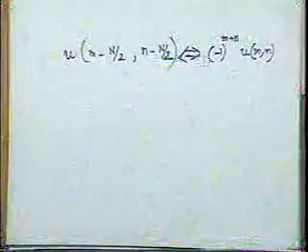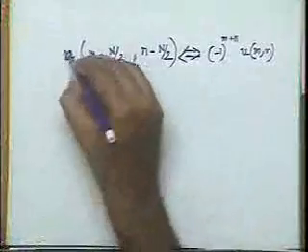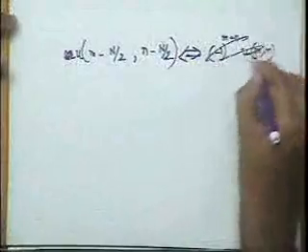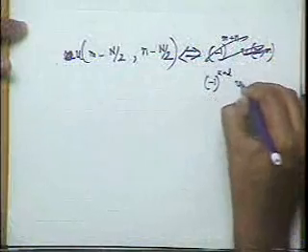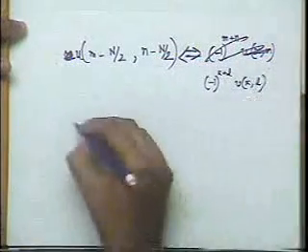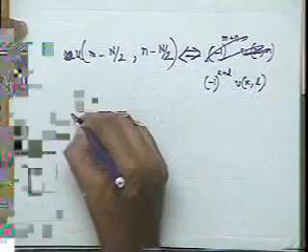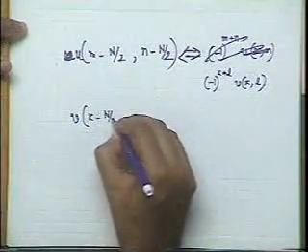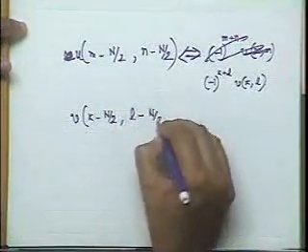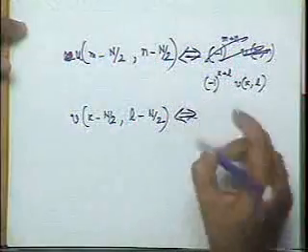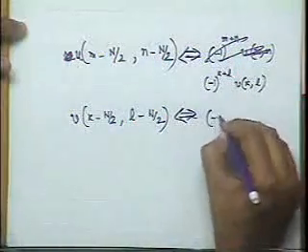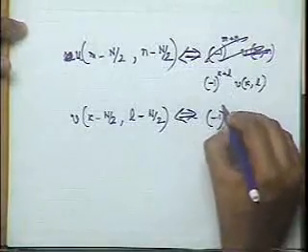Sorry, when I have u like this, then its transformation pair will be minus 1 to the power k plus l V(k,l). And when I am considering V of (k minus N by 2, l minus N by 2), its transformation pair will be minus 1 to the power m plus n u of mn.